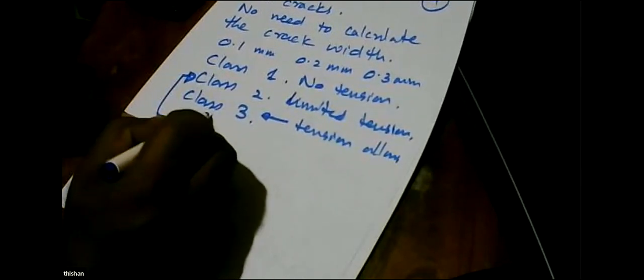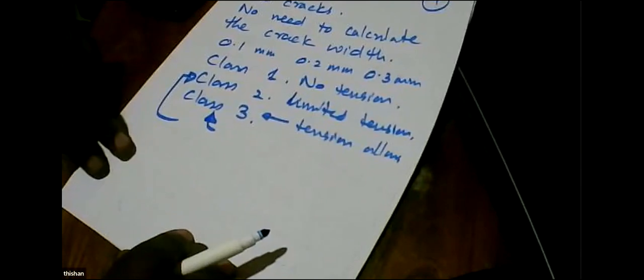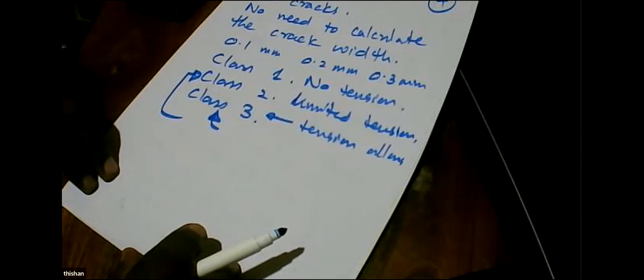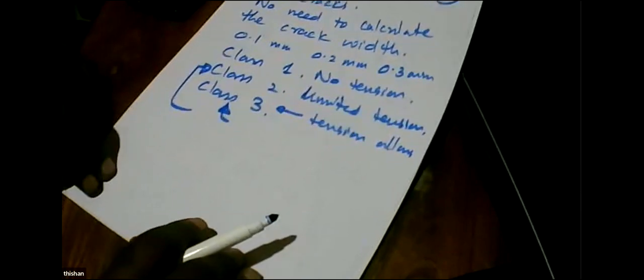But some engineers like class 3 structures as well. So you can go for tension. And if you go for tension, you must do the crack width calculation and find the crack width and see up to which value you have to limit it. So all three are okay.